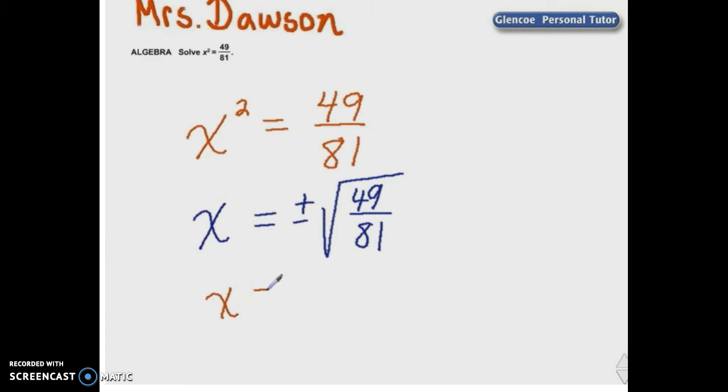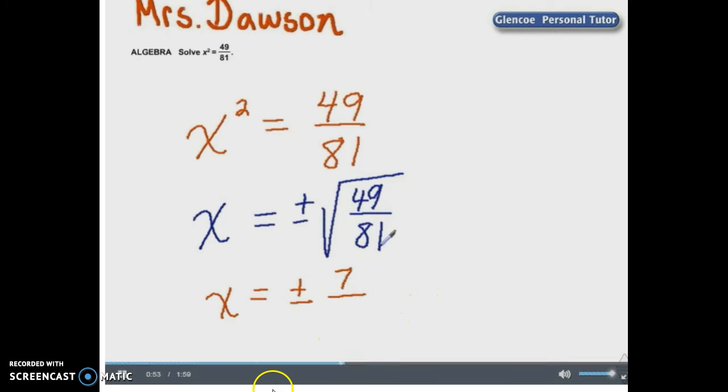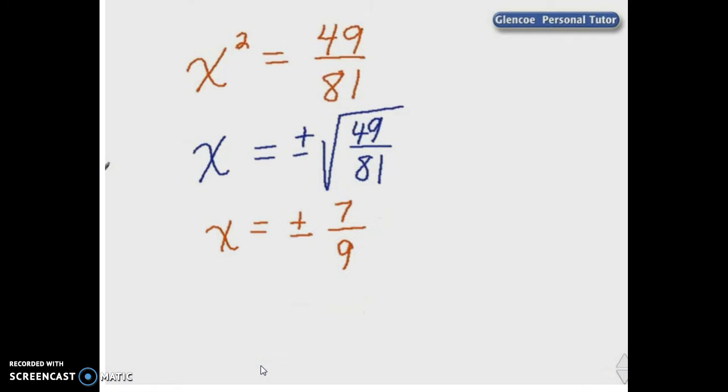So x is equal to positive or negative square root of 49, which is 7, and the square root of 81, which is 9. Our two solutions are x equals 7/9 or x equals negative 7/9.